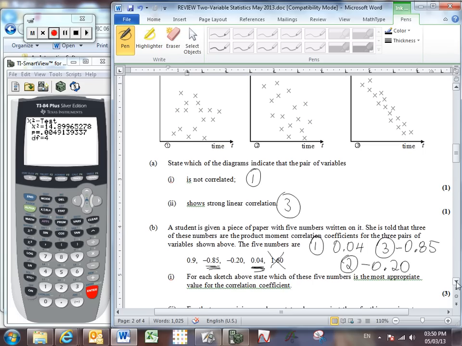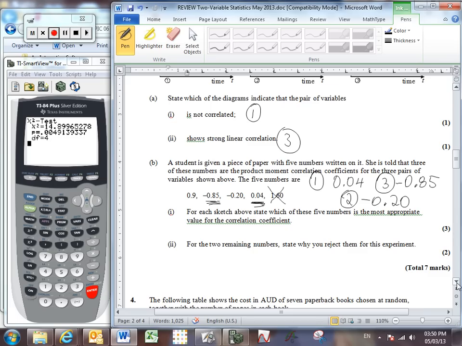Alright. For the 2 remaining numbers, state why you reject them for this experiment.